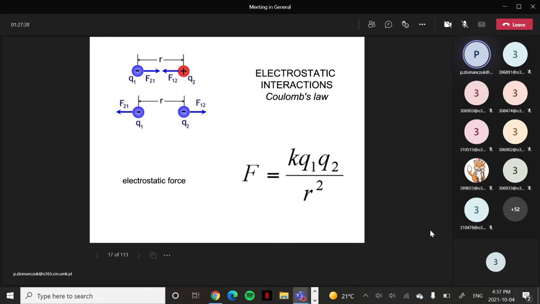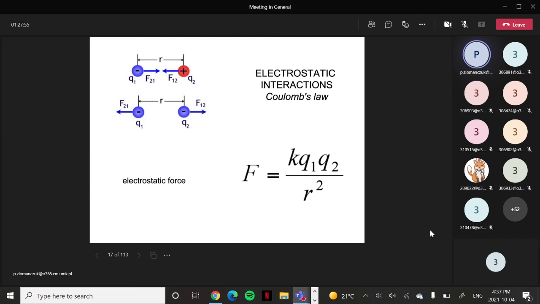So you have push away and pull together. When they are different signs of charge, they will pull themselves together, and when they are the same, they will push themselves apart. This is important to remember.